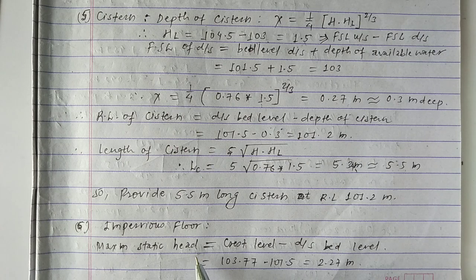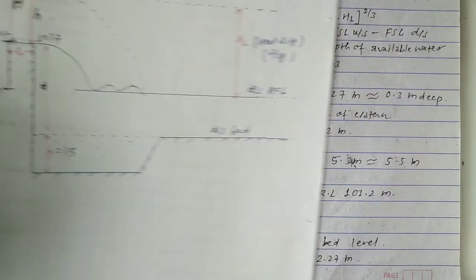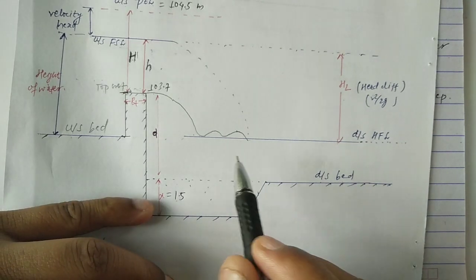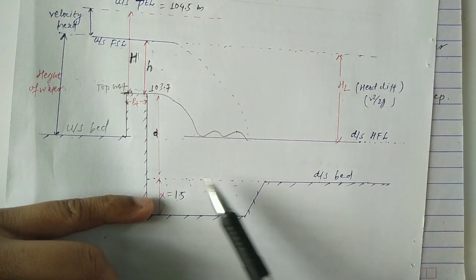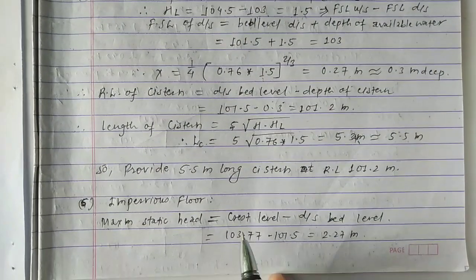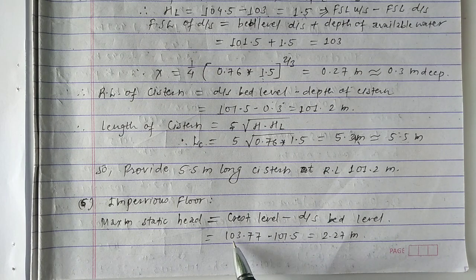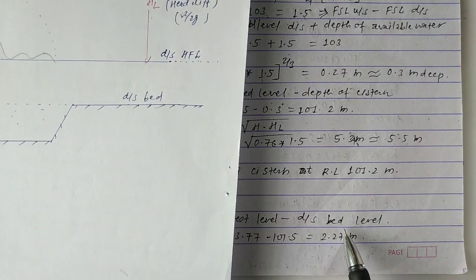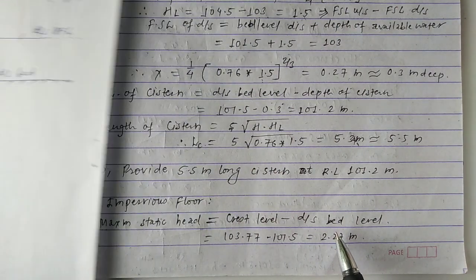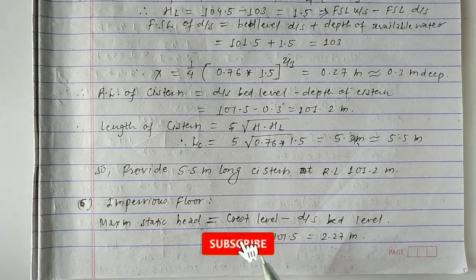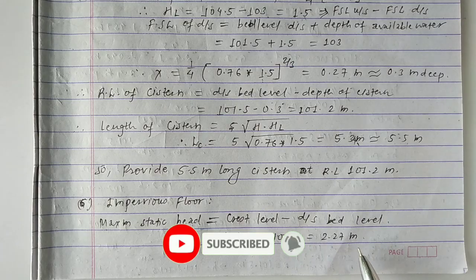The maximum static head is the top of the crest minus the downstream bed level. We have taken the crest level as 103.7, minus the downstream bed level, which is 101.5, already given in the question. Then we get the maximum static head equal to 2.27 meter.